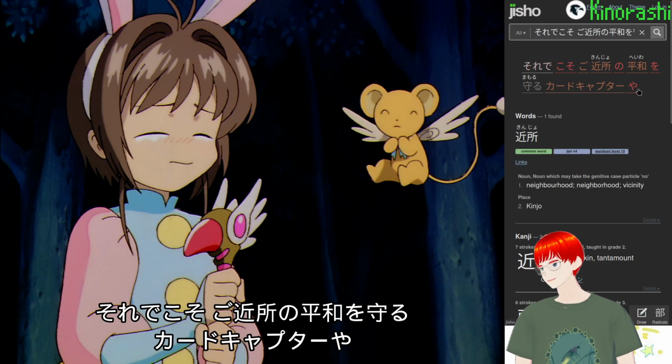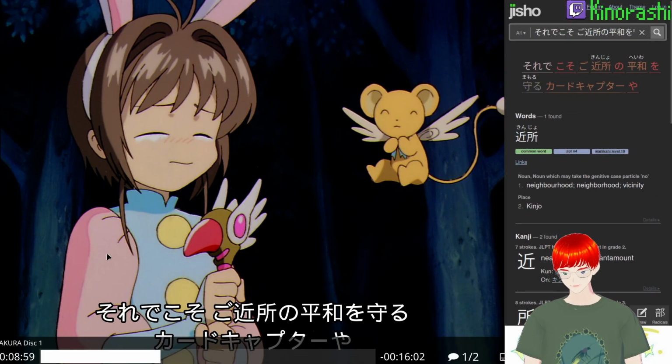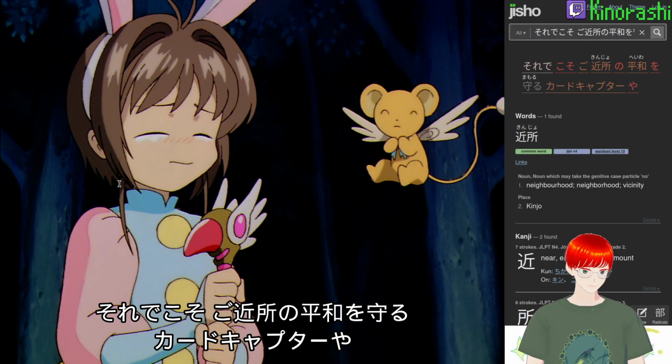And this is the ya, which is da in Kansai-ben. Okay. So sorede koso. Yeah, sorede koso gokinjo no heiwa o mamoru card captor ya. Let's see if I got a good translation on that.